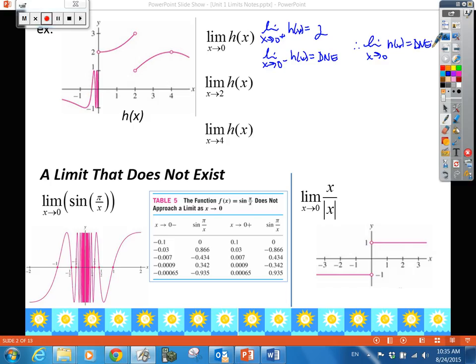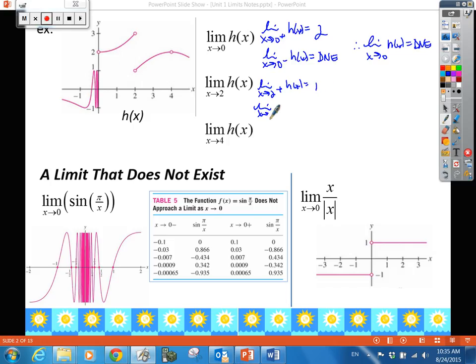We are headed towards an x value of 2. Now we visually look at this and we see, well, goodness gracious, we're not approaching the same number from the left and the right, so that one doesn't exist. So we need to go through our proof. The limit as x approaches 2 from the right of h of x. Looks like we're approaching the number 1.